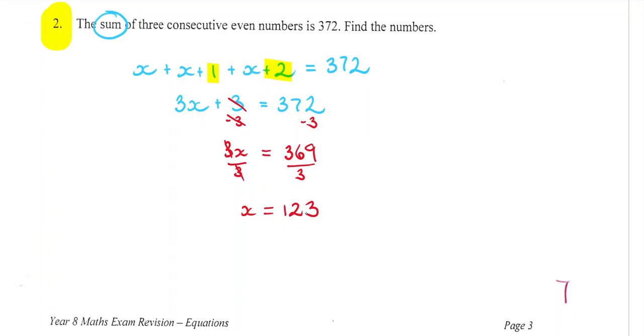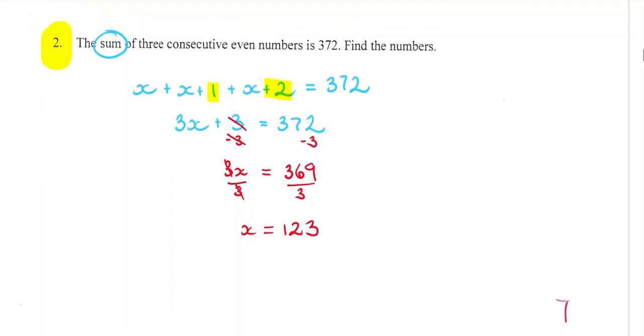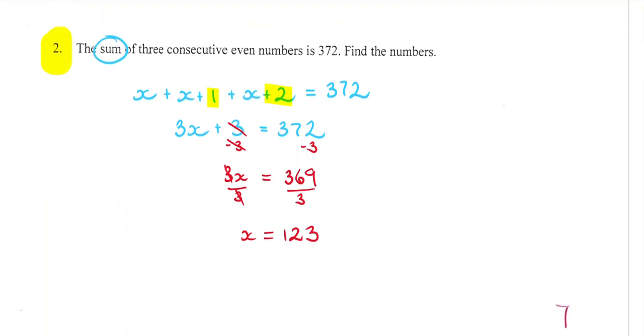All right, I have not finished. Oh, dear, look at that. That is not completely the answer, because back here at the start it says find the numbers, not just the starting one. I need to find the three numbers that are adding up to 372.